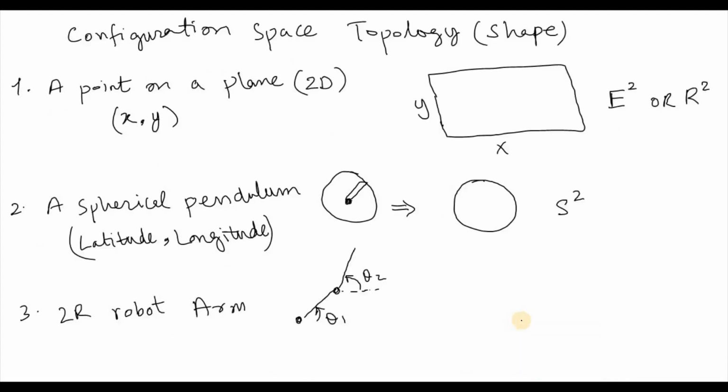So its configuration space will look like a donut. Something like this.